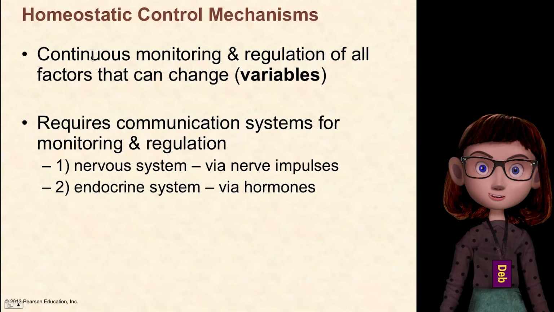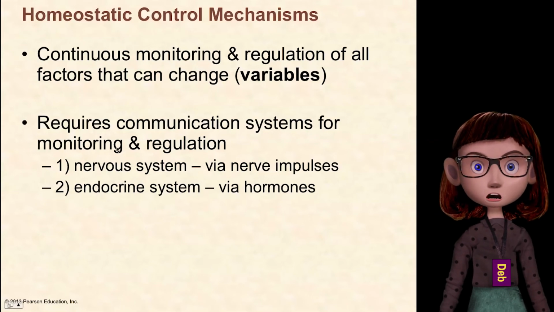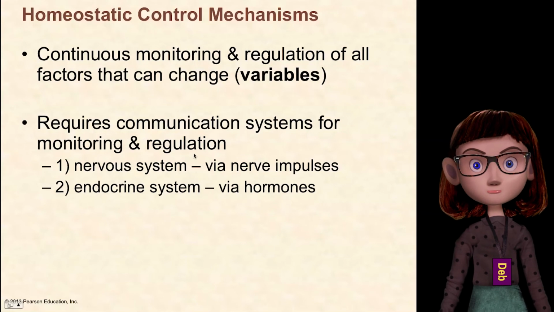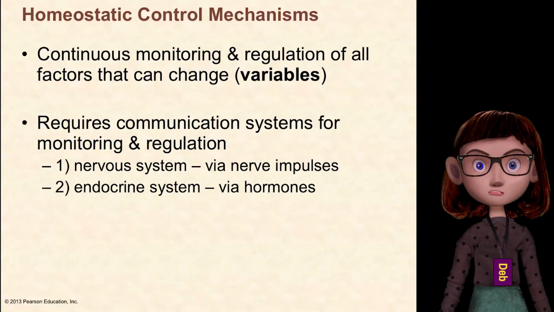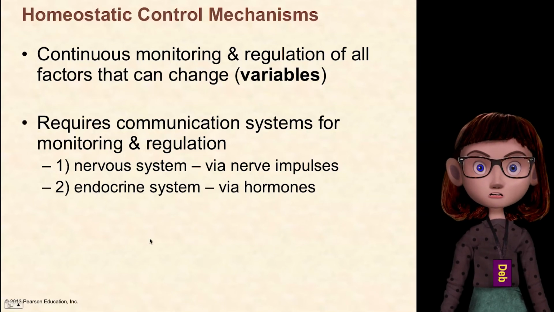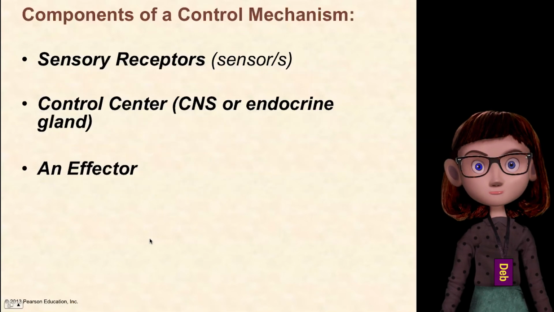So, in order to do this, we need communication systems in order to monitor and regulate the body. There are two major ways that the body will do this. Number one, through the nervous system via nerve impulses, and then also through the endocrine system via hormones.